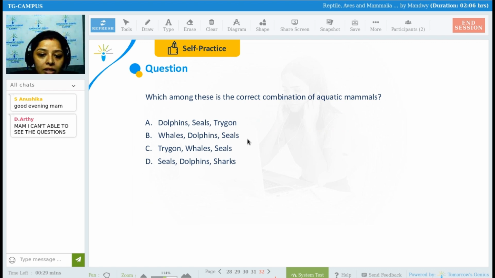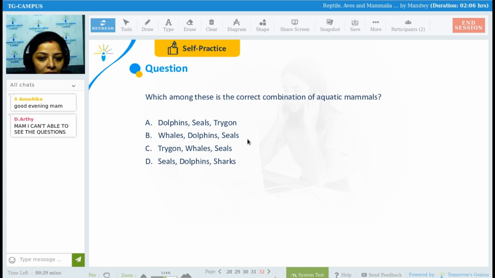Which among these is a correct combination of aquatic mammals? Whether it is terrestrial or aquatic, the most important thing, they should have a mammary gland. Then only they will be considered as a mammal. Ma'am, I think A, ma'am.